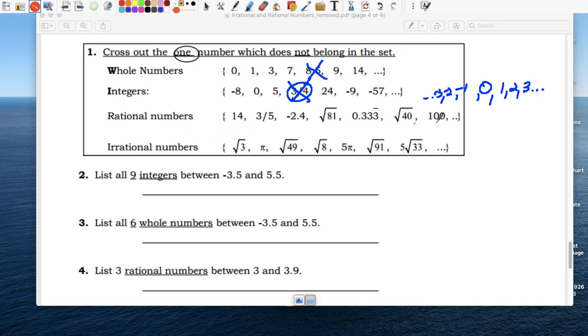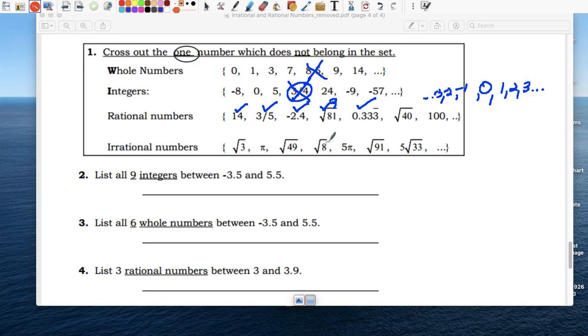Rational numbers. Any number that I can write as a ratio of two integers. 14 is rational. We knew that. 3 over 5 is rational. Negative 2.4 is rational. Square root of 81 is just 9, and 9 is rational. 0.333333 forever and ever. Is that a repeating decimal that goes on and on but repeats?